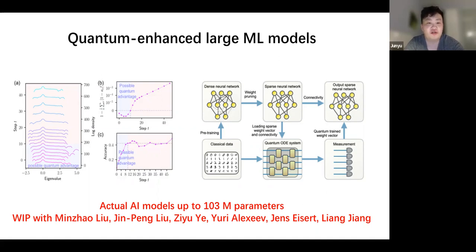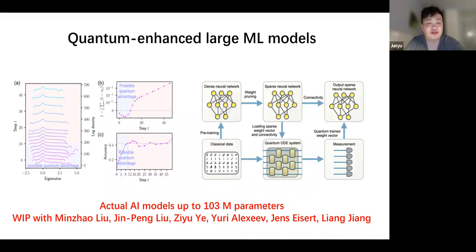We are not doing a quantum experiment, but instead classical calculations that show which part of the learning process is dissipative. In our analysis, we find that in the early stage of learning, the model is indeed very dissipative, and then you are able to receive a quantum enhancement.